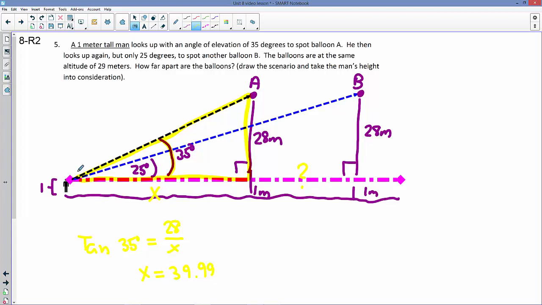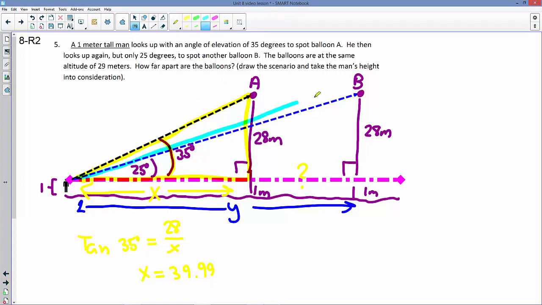And then to get y, x goes from here to here, and we'll use y in blue, and y is going to go all the way across. How many times have we done this problem? So y goes all the way across because it's part of this blue highlighted triangle. That triangle's base is going to be y. We're going to use the 25 degree angle, so we're going to use TOA again.